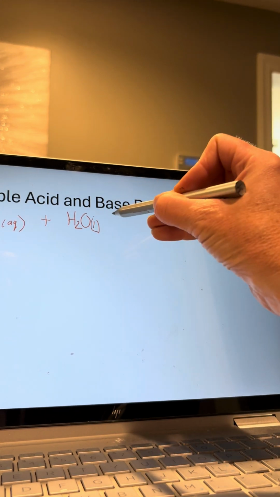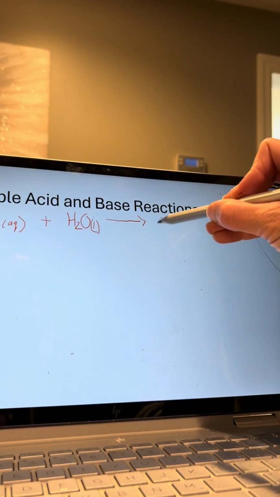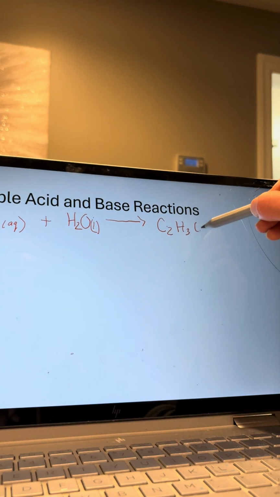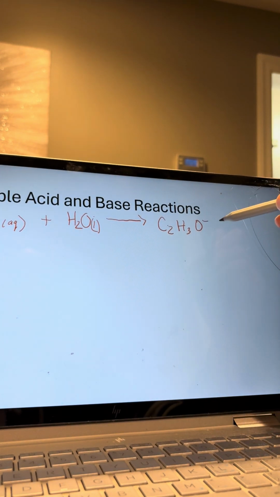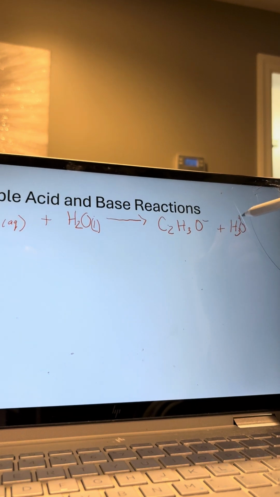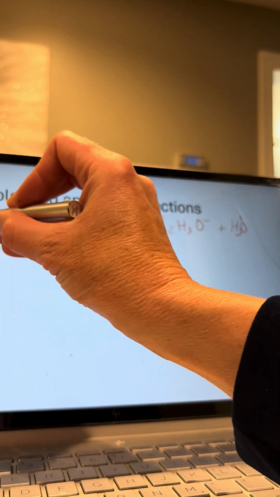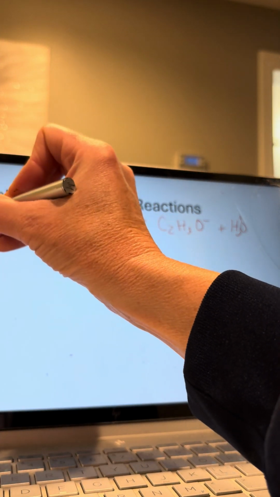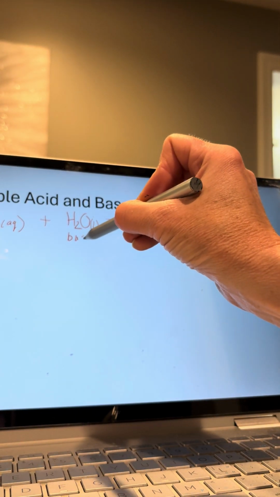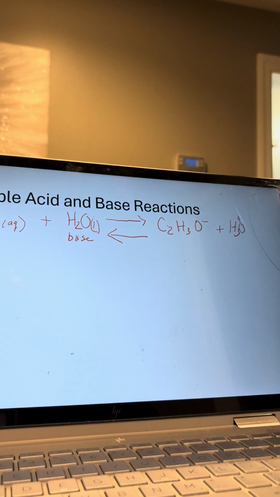So what happens if we're looking from a forward reaction? This is what we see occurring. And we create the hydronium ion. Okay, now if we look at it going from a forward reaction, this is your acid, this is your base. Now, this is, though, a reversible reaction.